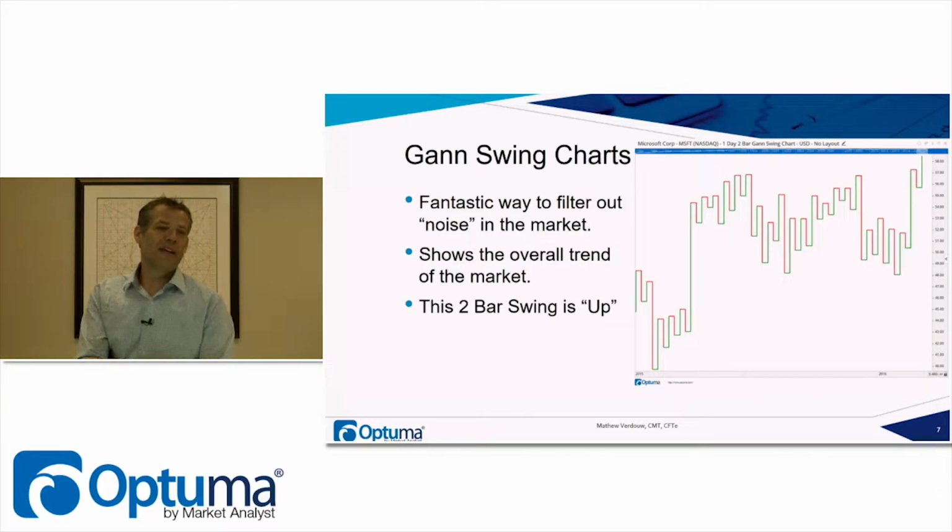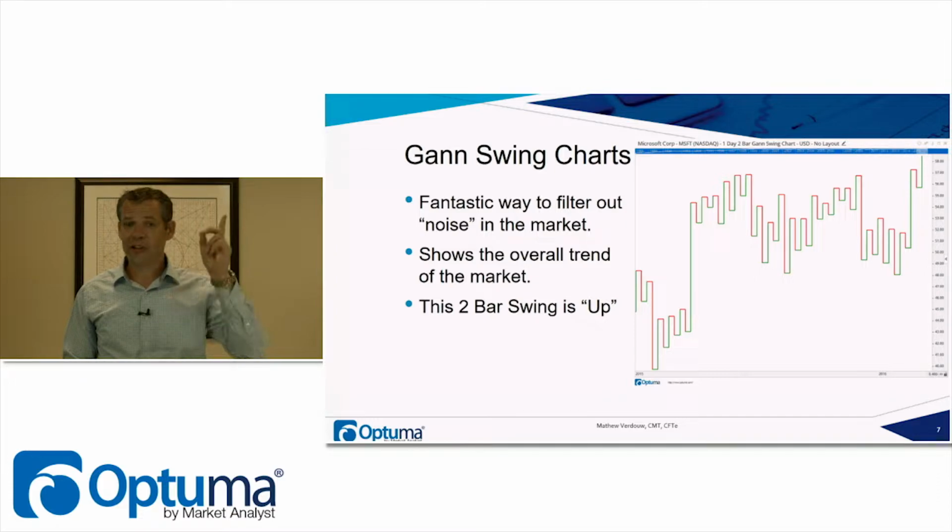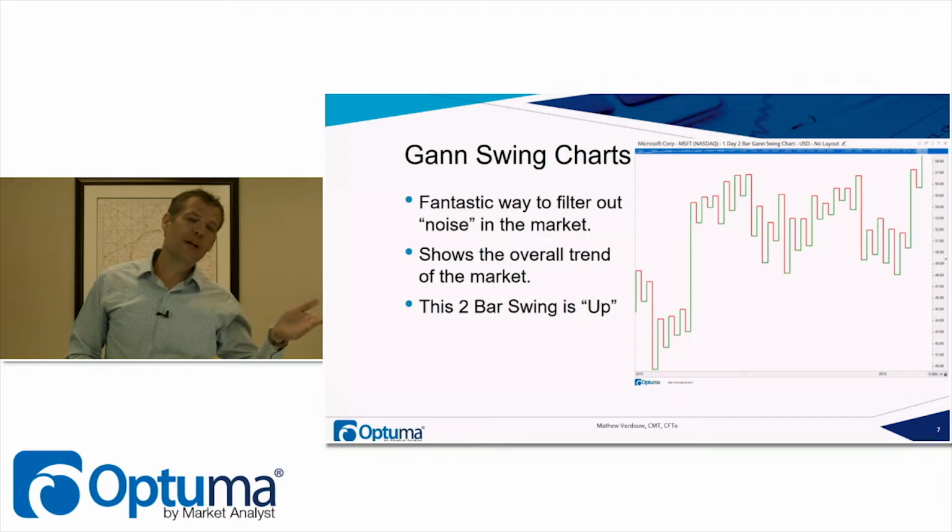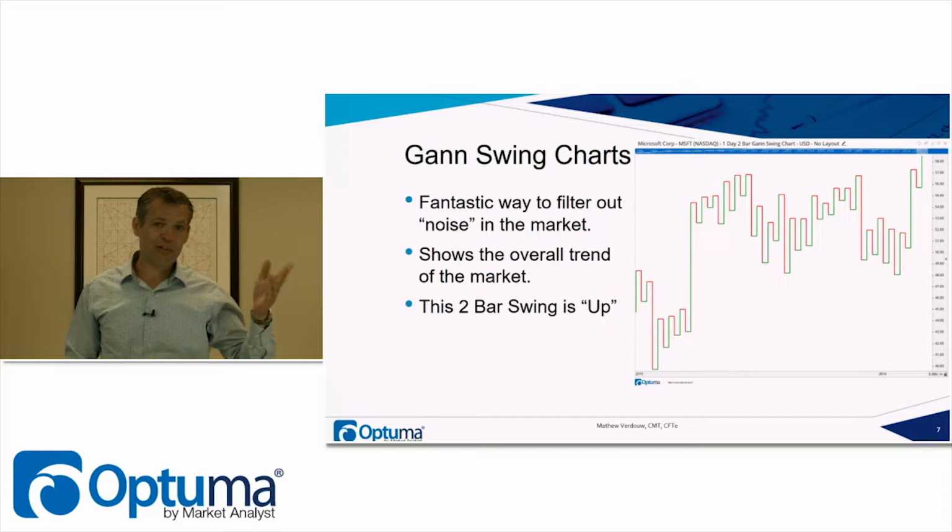So here's a typical Gann swing chart. Looks a little bit strange. We've taken time out. In a lot of respects, this is very similar to point and figure, where we're only looking at, is the market going up? While the market continues to go up, we're just going to have one line pointing up, and that's it. Once we get confirmation that the trend has turned down, then we turn our swing chart down.